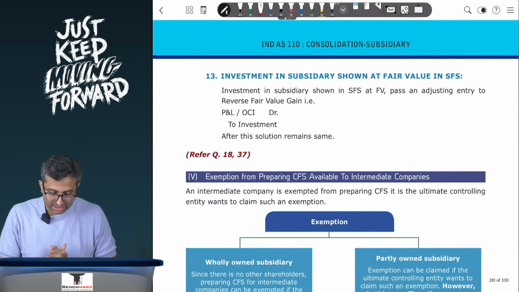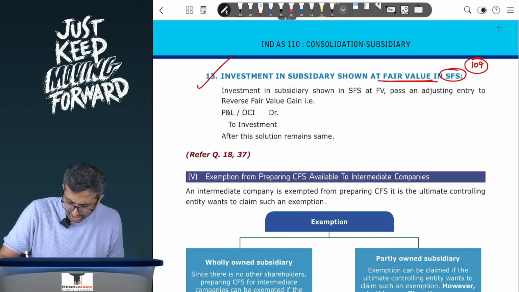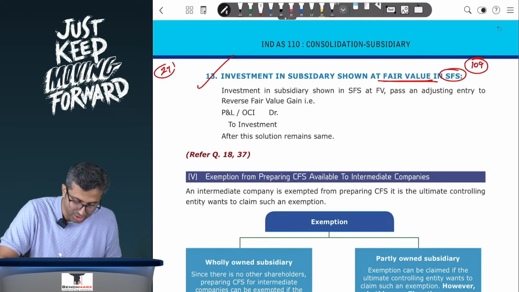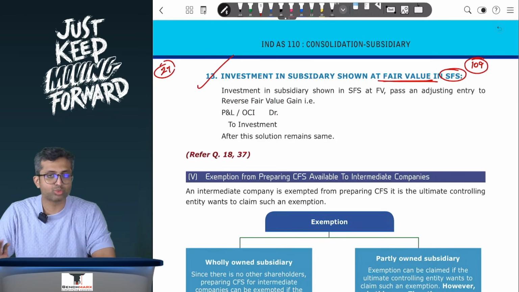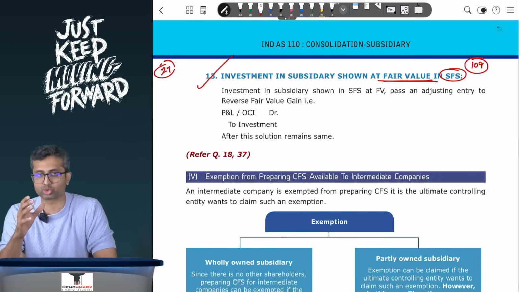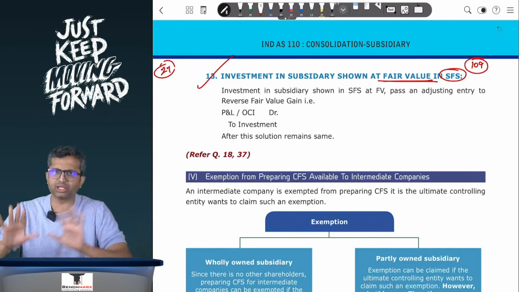Okay, next you have investment in subsidiaries. If it is shown at fair value in the SFS, if you remember Ind AS 109, that shows investments. There's also another standard called Ind AS 27, which is on SFS. Now, Ind AS 27 says that investments in subsidiaries, joint ventures or associates can either be shown at cost or they can be shown using Ind AS 109, that is at fair value.